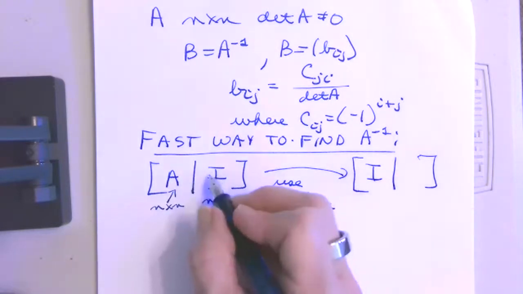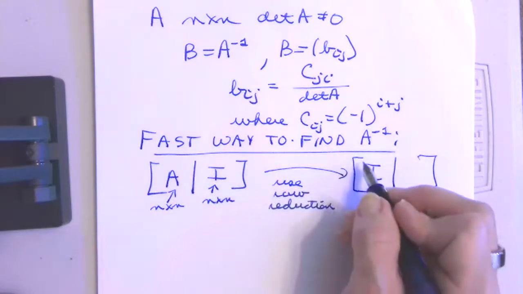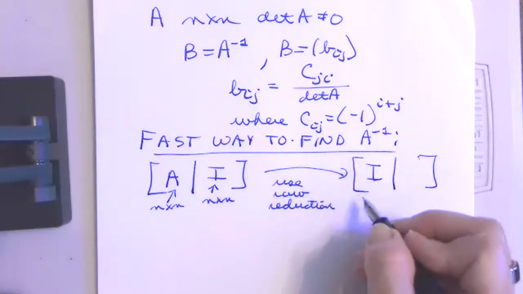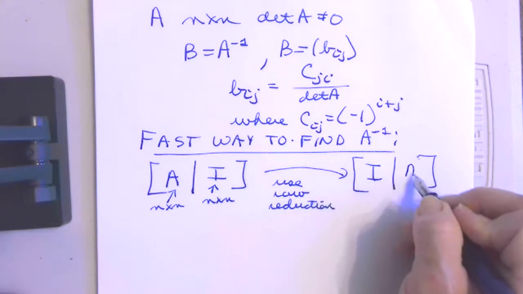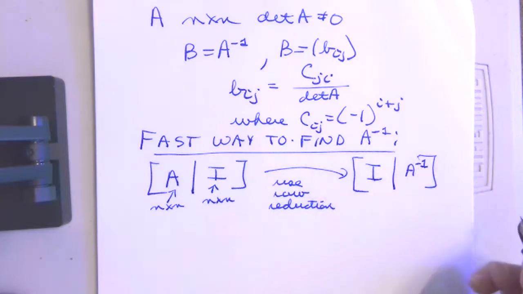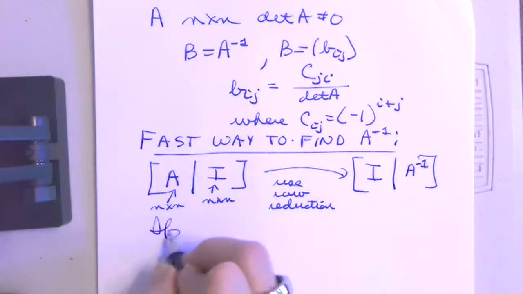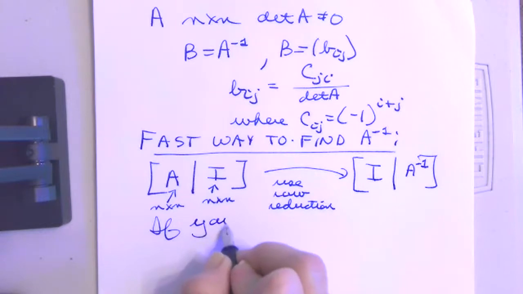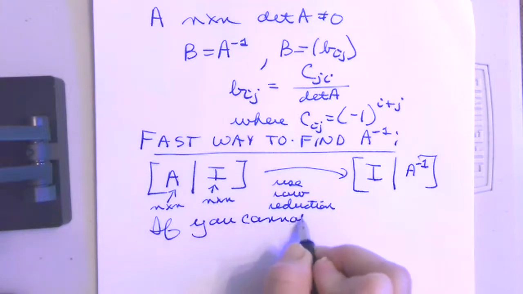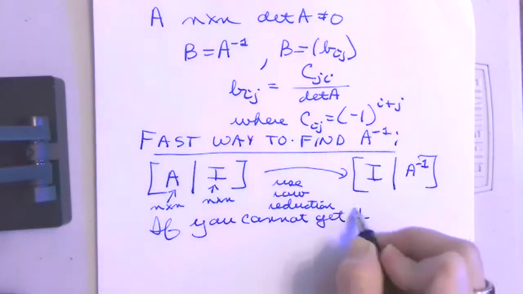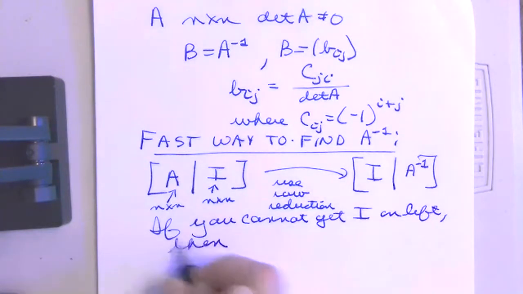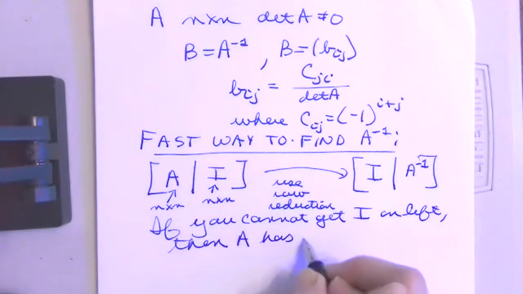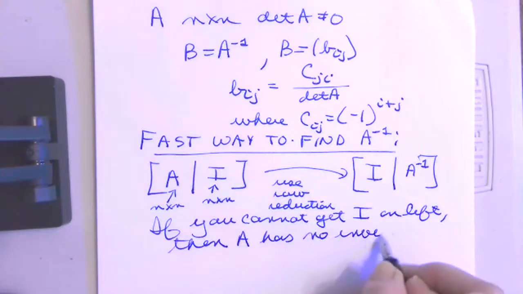So you want to get the n by n identity matrix on the left hand side of the matrix, and then what's left on this side will be A inverse. Okay. If you cannot get I on the left, then A has no inverse. That is provided you've done things correctly.